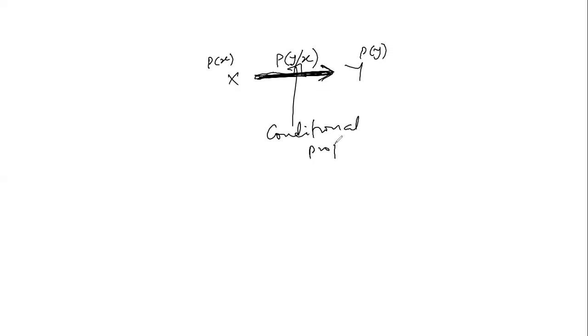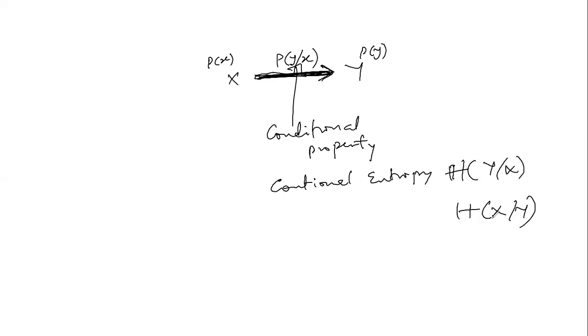Now, if this is conditional probability, the entropy related to the conditional probability will also be conditional entropy, which will now be either H of Y given X or H of X given Y. Do you understand now? Because we have H of X, and we have H of Y.